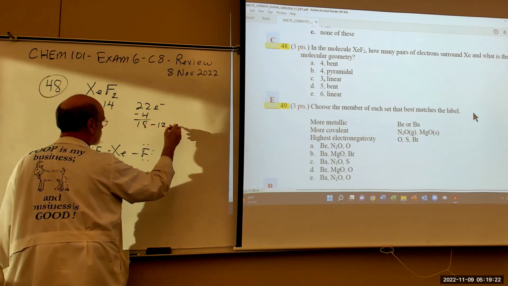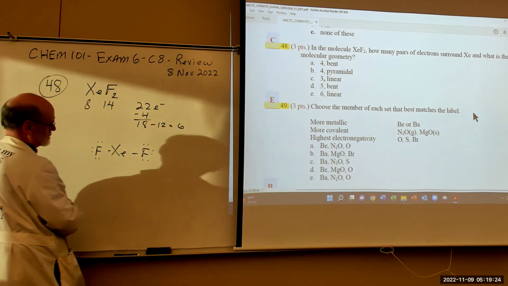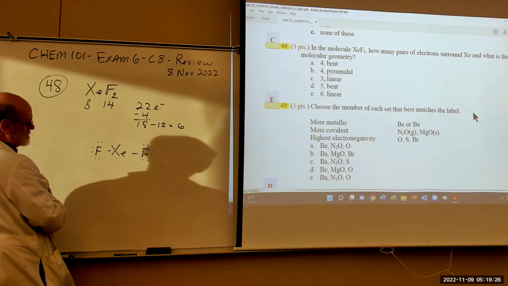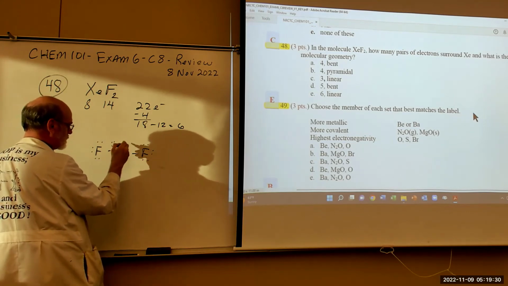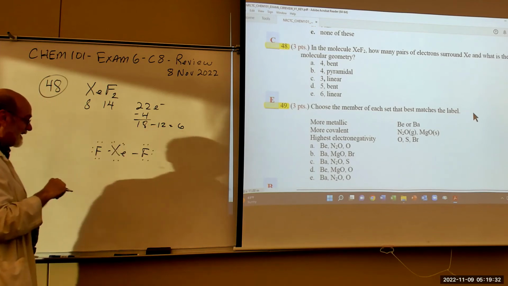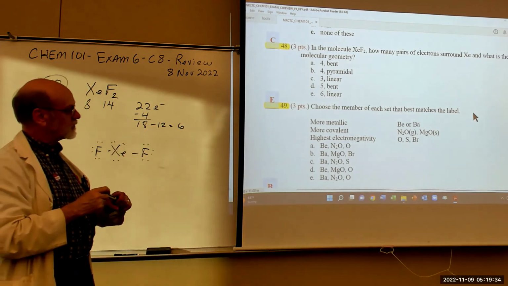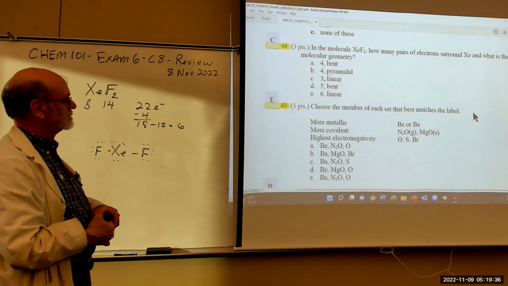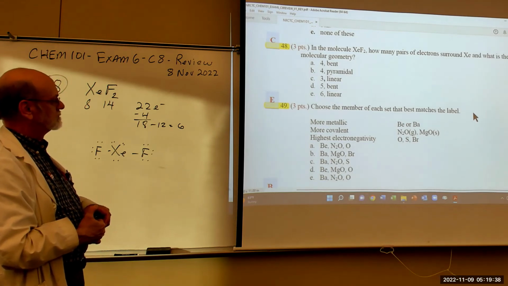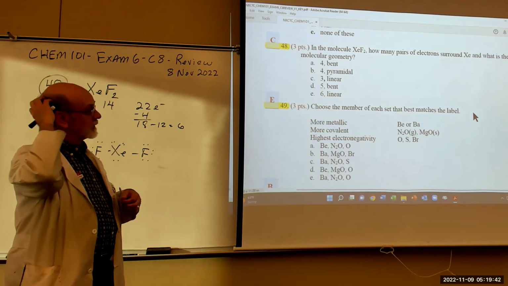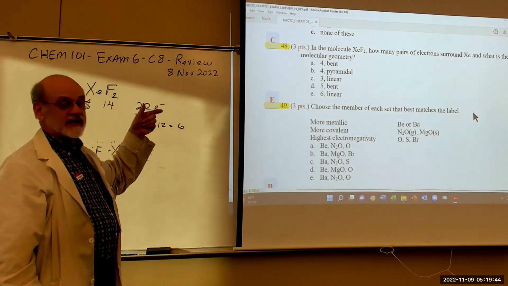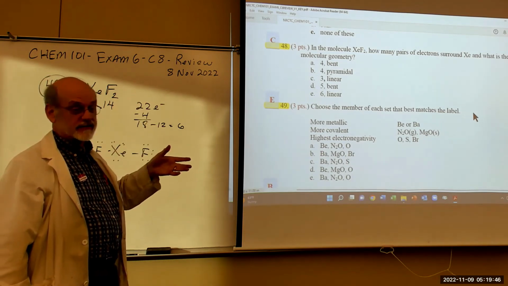Minus 12 is 6. So that means 3 pairs. Okay? 3 pairs of electrons surround. Oh, that's an easy one. Right? Our selection C says 3 pairs, and none of the others say 3 pairs.